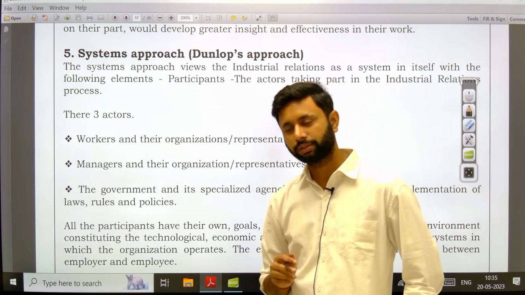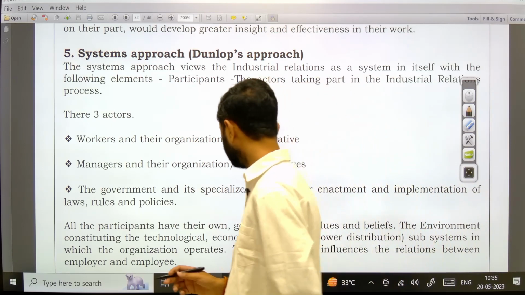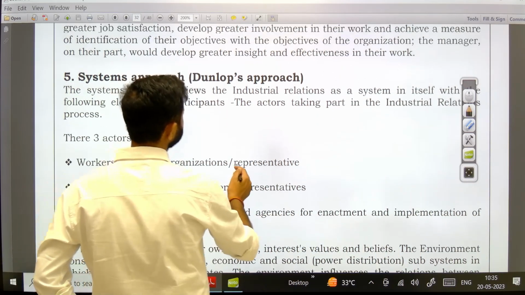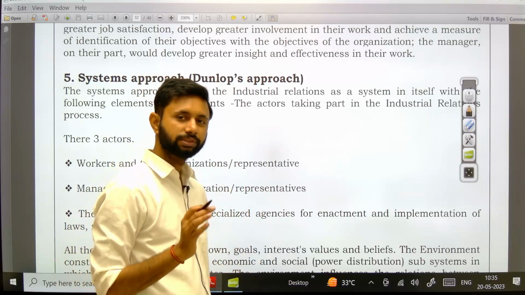Dunlop we've discussed earlier; he gave the definition of industrial relations in terms of a system.